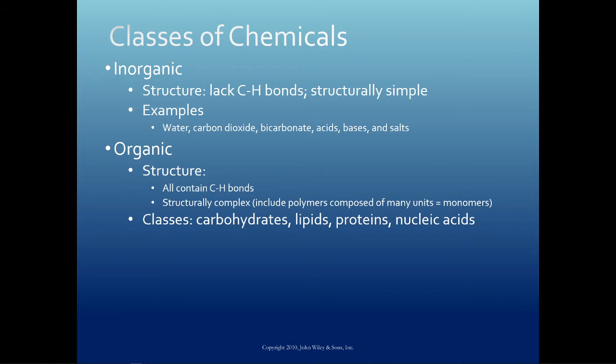Those macromolecules are made up of smaller individual units we call monomers. So these classes down here, carbohydrates, lipids, proteins, nucleic acids, are what we would call polymers, and they're made up of smaller things called monomers. That's one reason why when we look at, is there life on another planet?